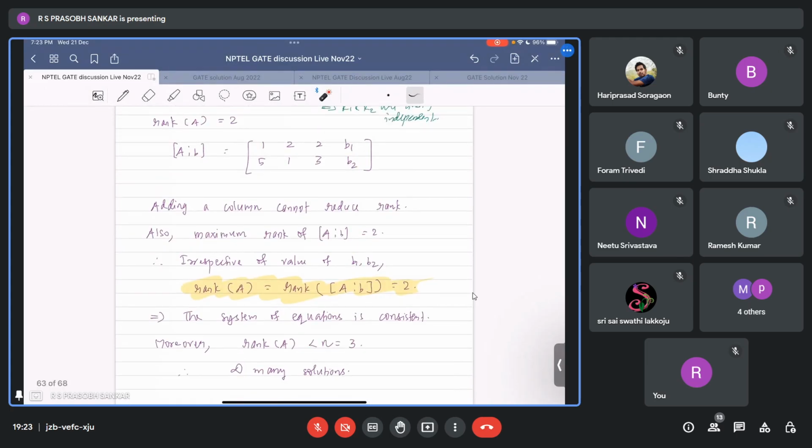The point to note here is that the rank of A augmented B is always 2, irrespective of the values of B1 and B2. That means no matter what the values of B1 and B2 are, this given system of equations will always have infinitely many solutions. That statement is fine, no?